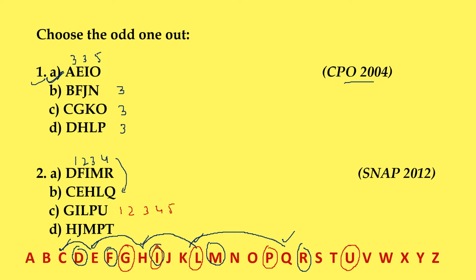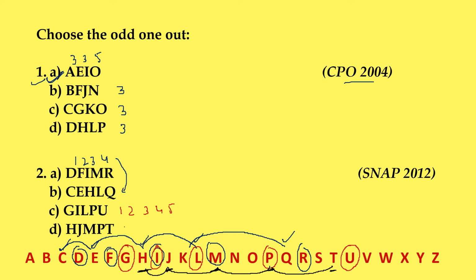In the last option, that is HJMPT. In this case, H, J, M, P and T. I find that between H and J there is one letter, between J and M there are two letters, between M and P again there are two letters, and between P and T there are three letters.